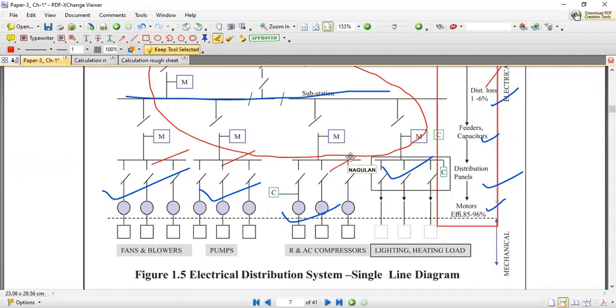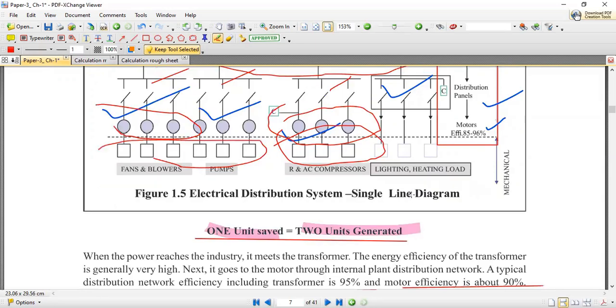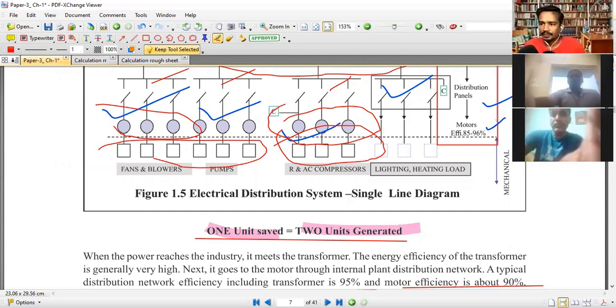There is no big loss, and then it goes to the motor. This motor has losses, and the coupling devices also have losses. Same with the compressor and everything. The compressor has more losses, and same with the fan, blower, pump, everything. Same as we have calculated from generators to the end customer, we also have to do the calculations like this.